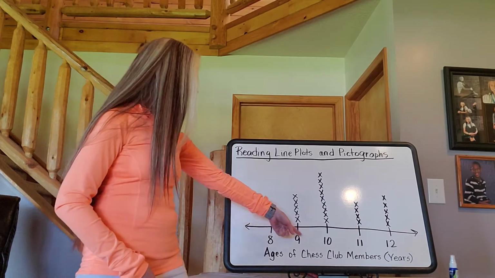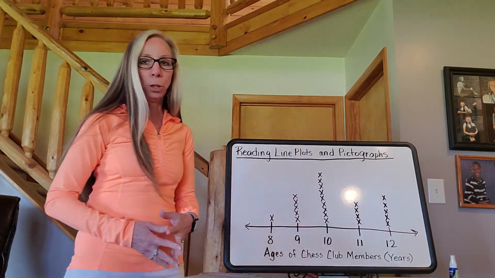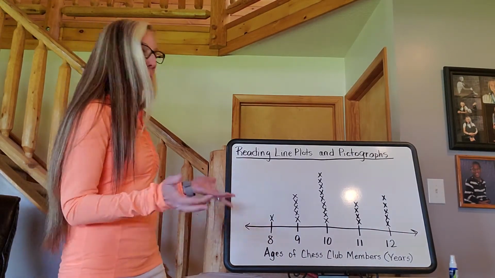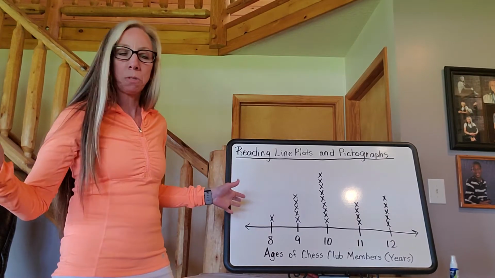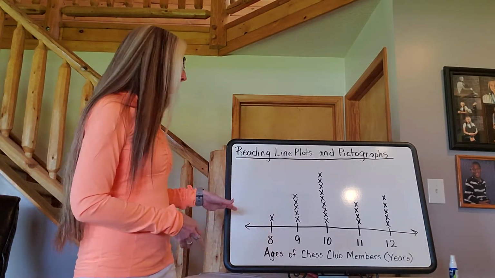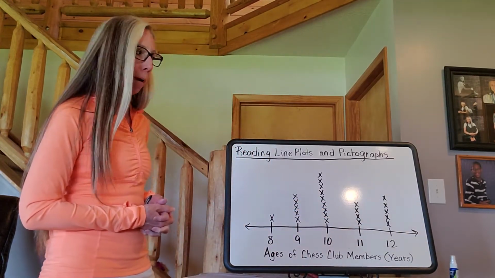So the 8, 9, 10, 11, and 12 represents how old those chess club members are. So they must be different age groups. They have all the way from 8 years old all the way up to 12 years old. So that's what the x-axis represents down there at the bottom.